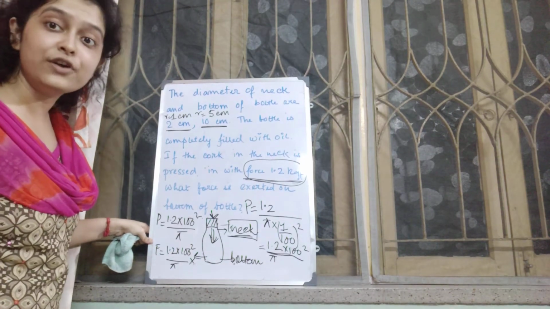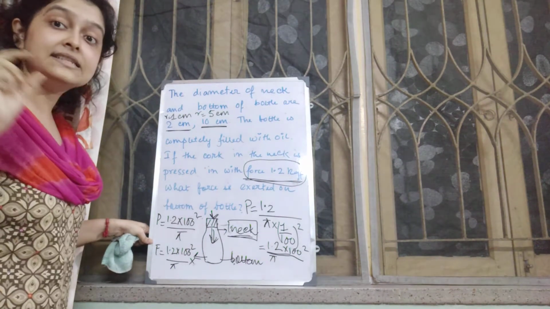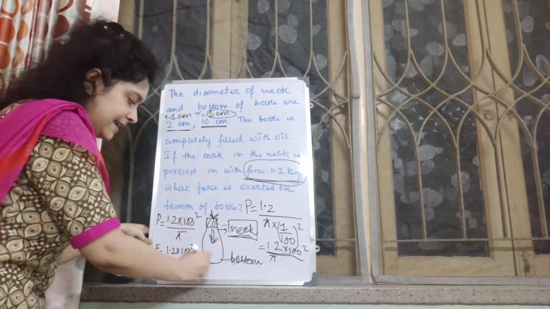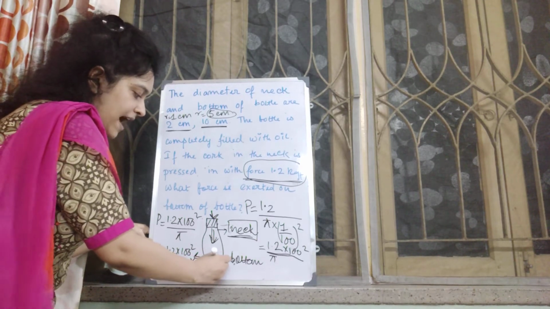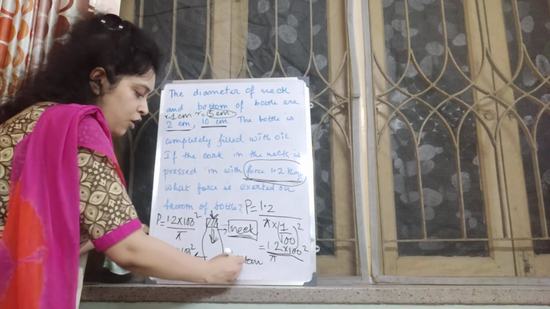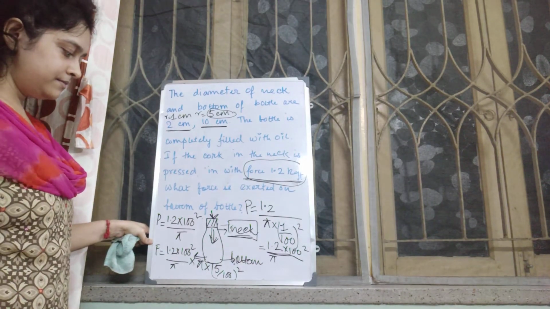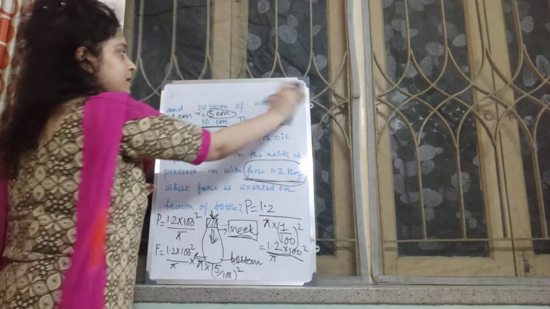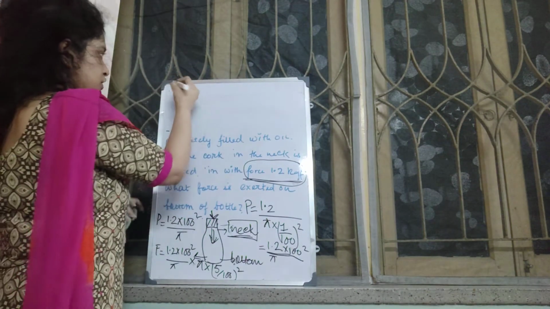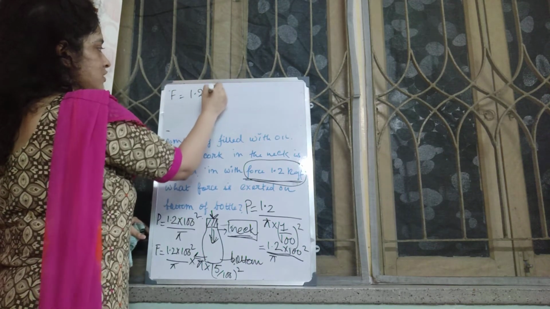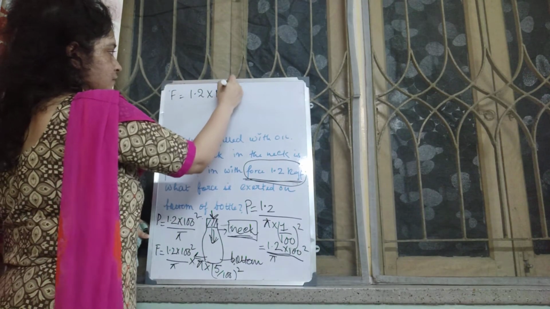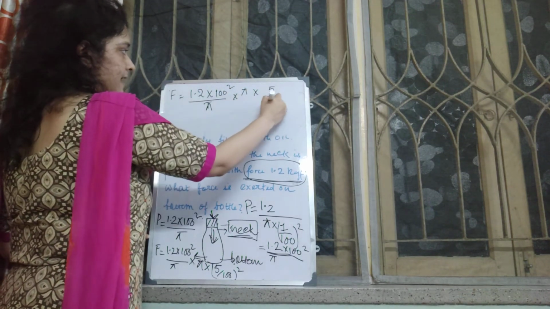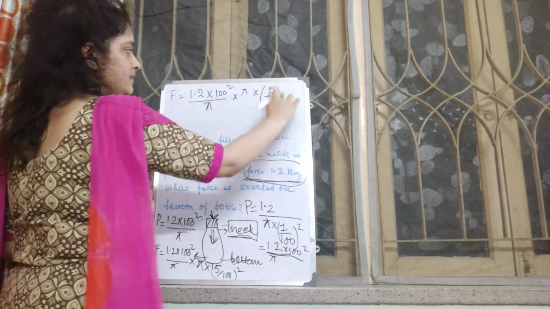What is the area of cross section now? Pi r square, but this time r is 5. So pi into 5 by 100 whole square. Okay. Now see what the calculation looks like. So you are getting force as 1.2 into 100 square by pi into 5 by 100 whole square.